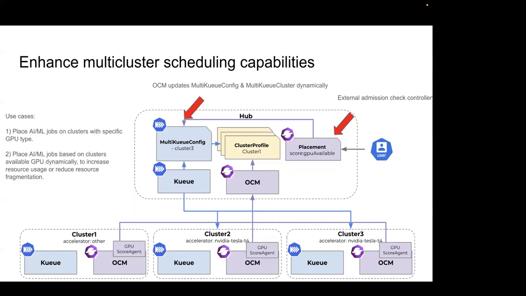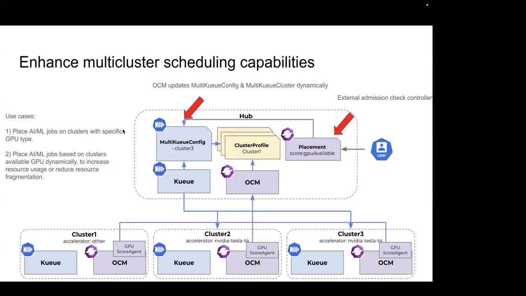Also, for OCM, our placement results can change dynamically. For example, if a user wants to select a cluster based on available memory, CPU, or GPU, when the available resources change on the clusters, the result can update dynamically. For the integration, when the decision changes, OCM will also update the MultiKueueConfig and the clusters dynamically.